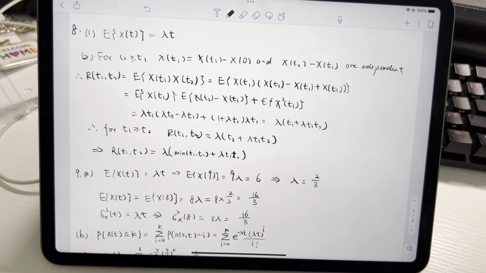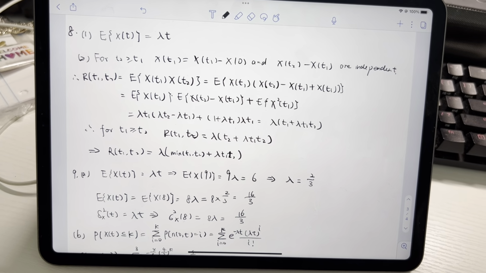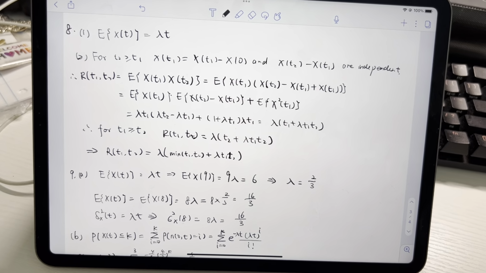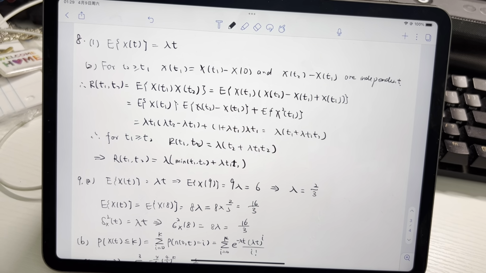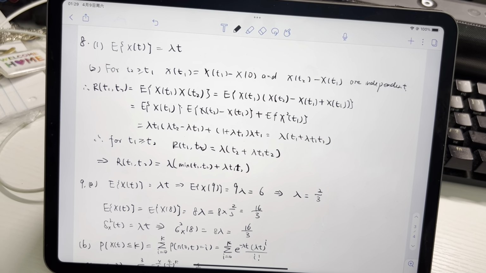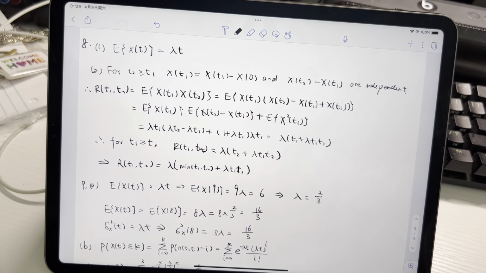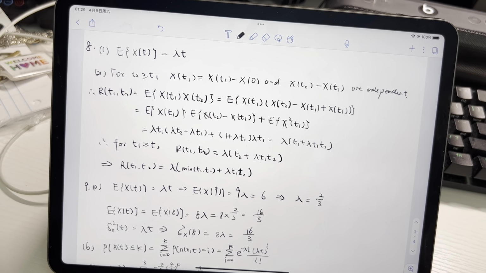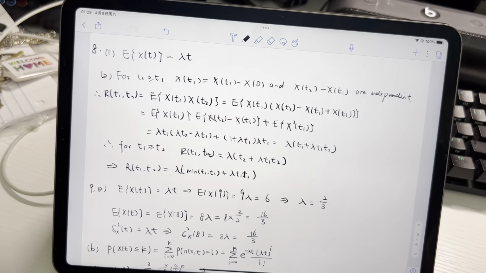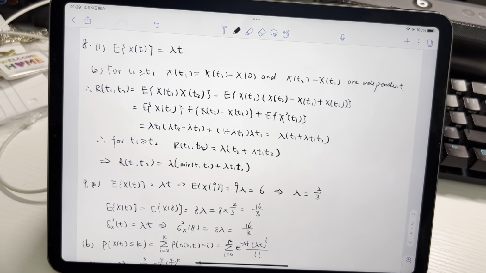So we use the same method and let X equal to k become Xt. So we can calculate that the answer to this question is equal to lambda t.